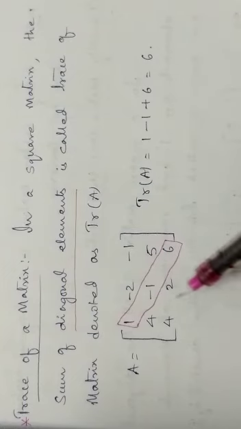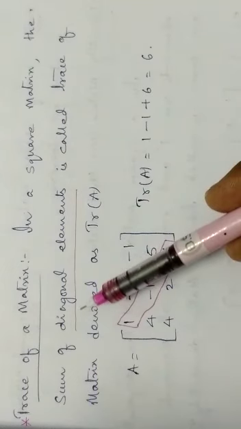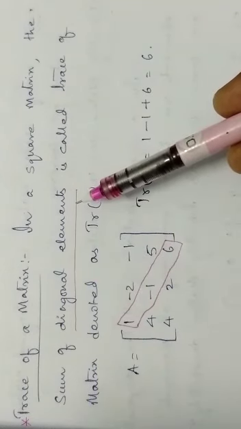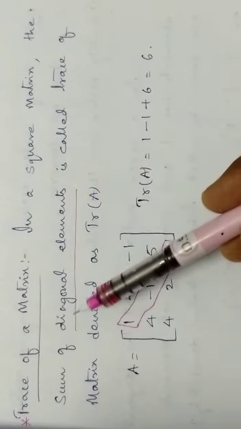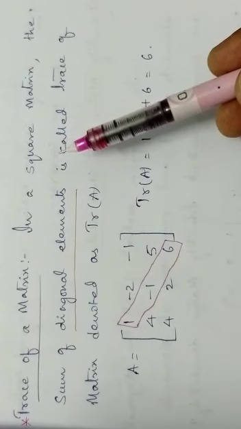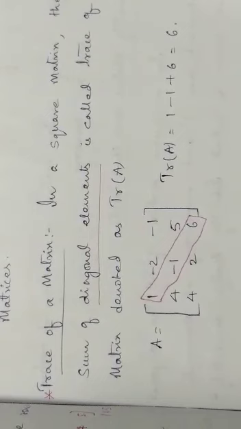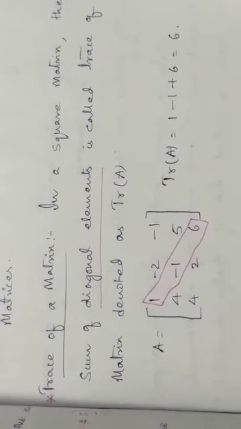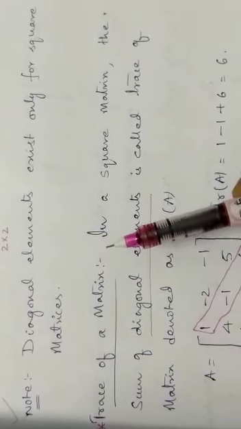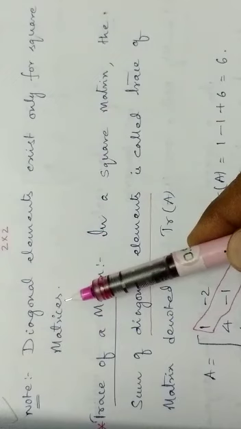So, the definition of trace of a matrix is sum of diagonal elements. Whenever and wherever you use diagonal elements, it must be a square matrix, because earlier we learned that diagonal elements exist only for square matrices.